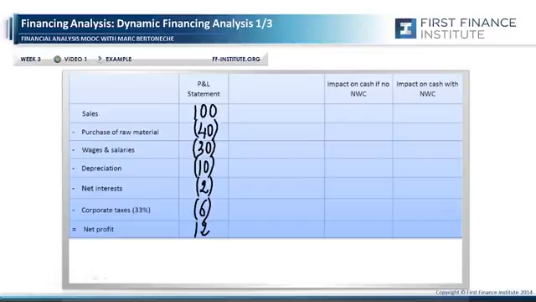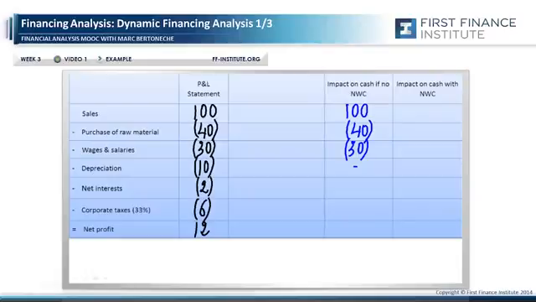In other words, the customers are paying cash, we are paying our raw materials cash. What's going on here? 100 are coming. All the customers are paying cash. We are paying all our suppliers cash, 40. Wages and salaries, no problem. We pay them, 30. And then here we have depreciation. Remember what we said? Depreciation is a non-cash expense. It's not leaving the company. So no cash impact.